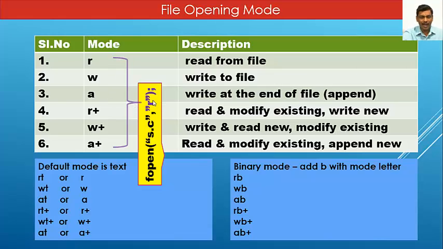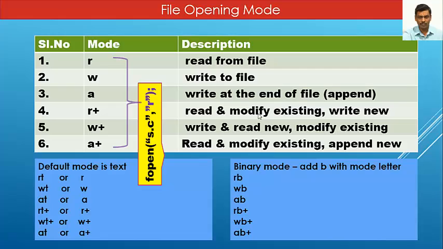So if we put R plus as the file opening mode, we can read and modify existing data. As per our example, address.txt already consists of 5 records, and then we add 2 new addresses, which is new data. The 5 addresses are existing data, and we can modify them. For example, in the second address we may want to change a pin code, name, or phone number.